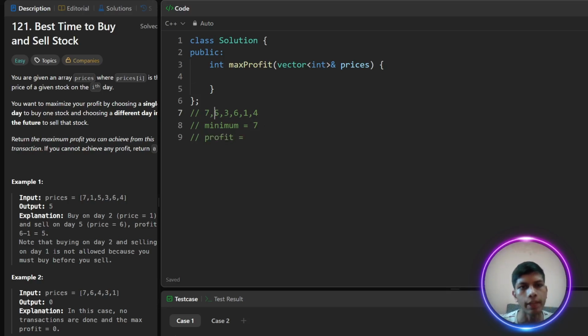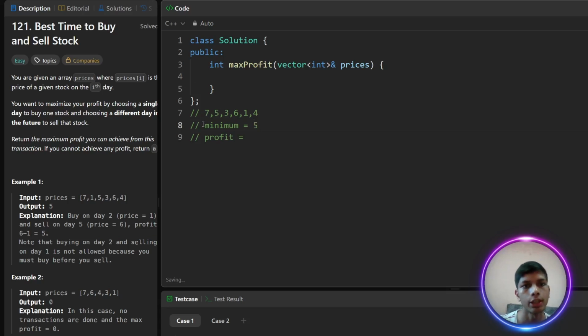If I bought it on day 0, my cost price is 7. Now, will I sell it on this day? No. But this is smaller than my previous minimum. My minimum was 7, so it is lesser than my previous minimum, so I will switch my minimum to this element if it is smaller than my previous minimum.